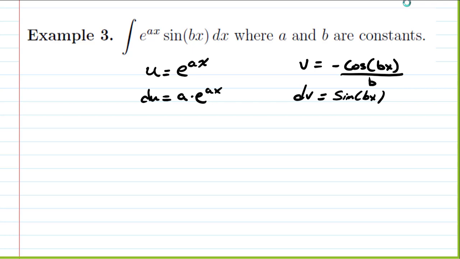So writing out our integration by parts, we have the integral of e to the ax sine bx dx is equal to u times v.